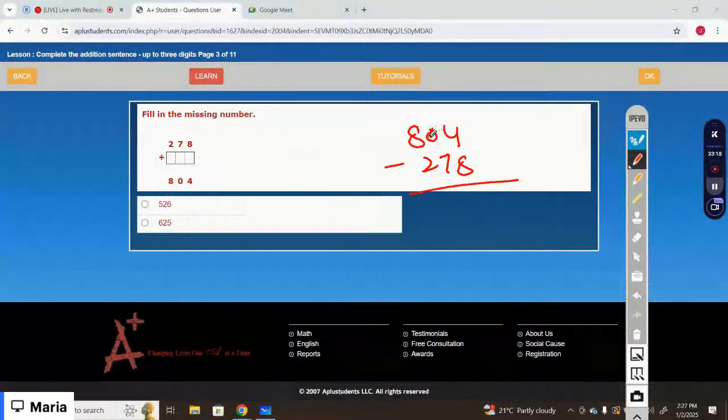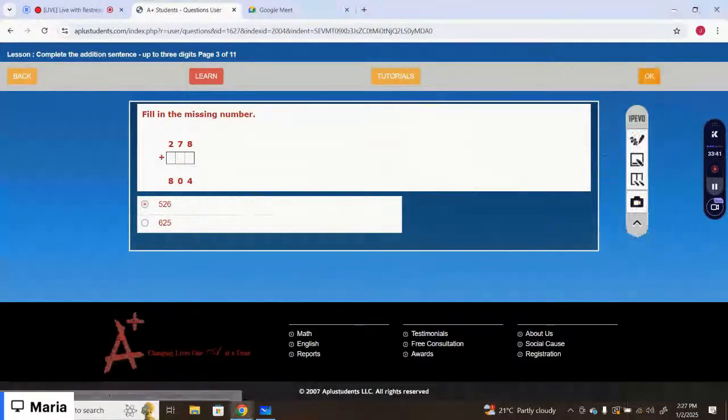So you need to borrow one here. You have 0. So you can borrow one from here. Makes 10 here. Now you can borrow one from here. So 14 take away 8 is 6. 9 take away 7 is 2. And 7 take away 2 is 5. So that is 526. Option number 1 is the correct option. Very good.